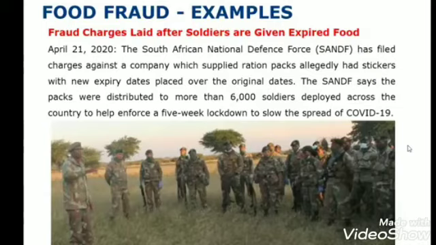Just imagine food fraud like that, because again, it involves how big the economic gain is, how big the motivation, and how big the probability. Everyone knows that people and authorities are not focusing on enforcement of food laws and regulations, and now they have started doing these kinds of food frauds.